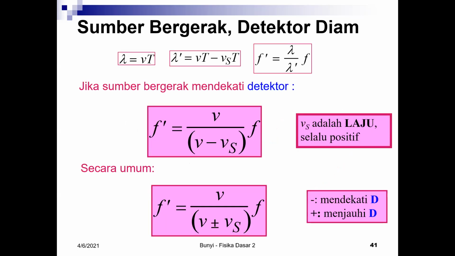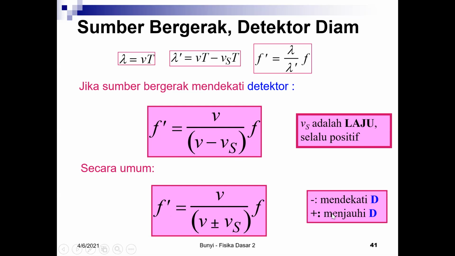So basically, we arrive at this result. If the observer is at rest but the source moves towards the observer, this is minus. So we conclude that in general for the Doppler effect, f prime equals v over v plus or minus vs times f.